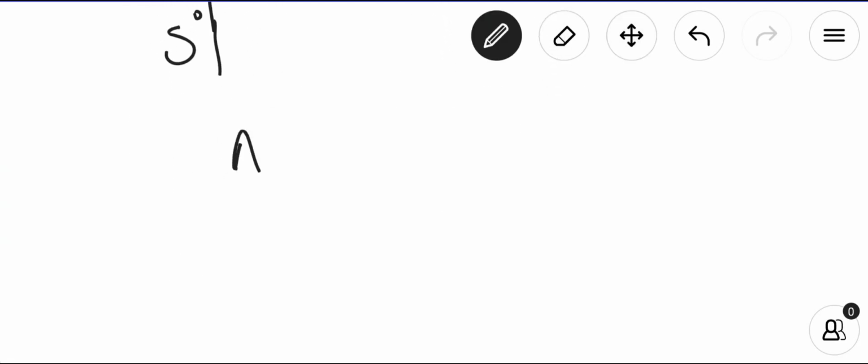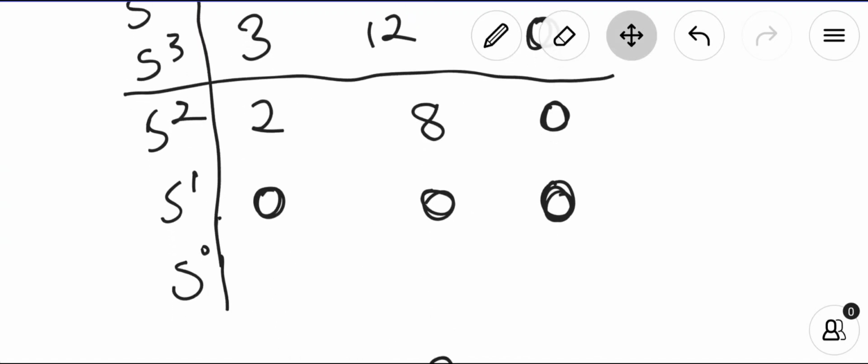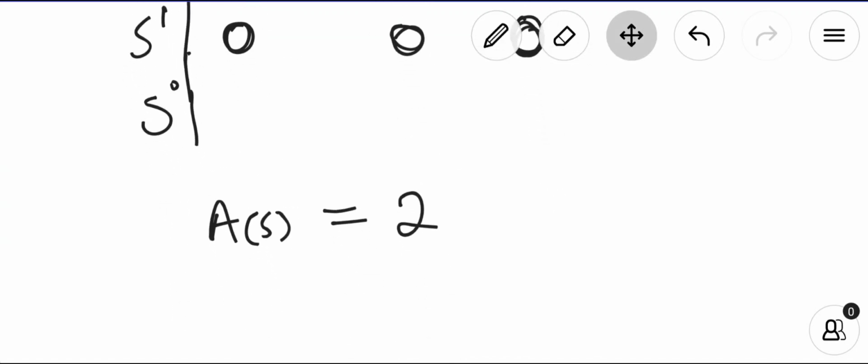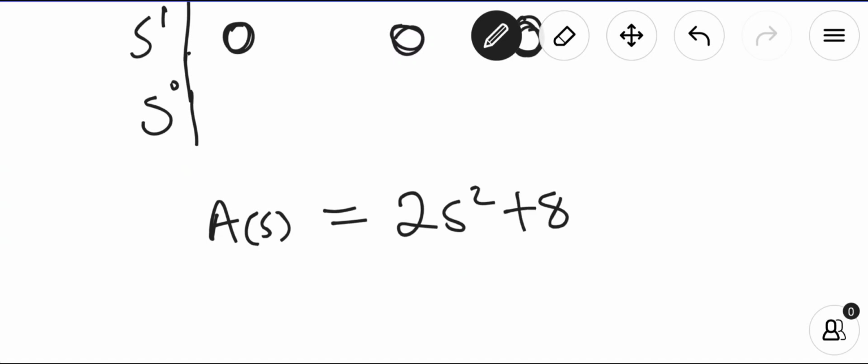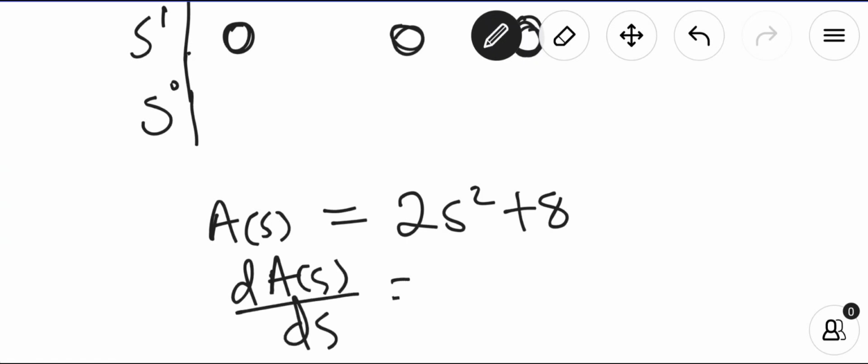So the auxiliary equation A of s is equal to, we have from here 2s squared plus 8. The dA over ds is equal to 4s.